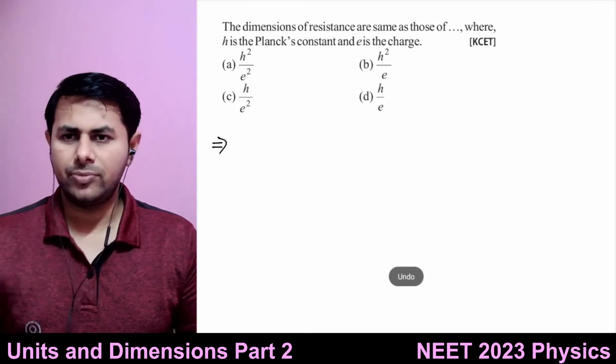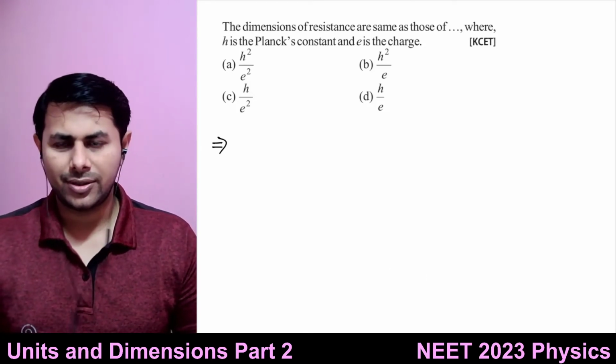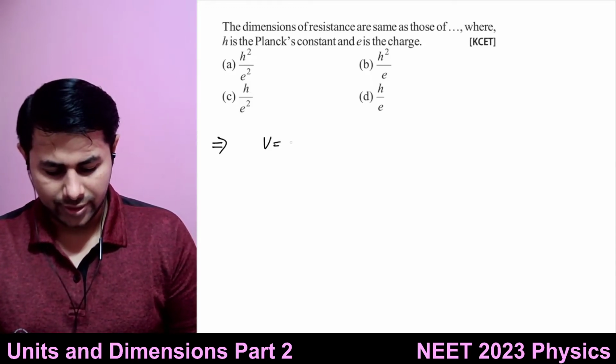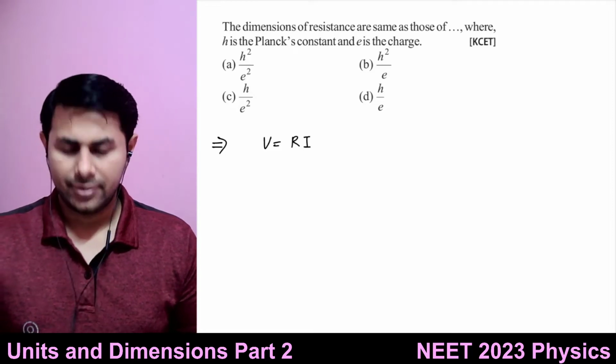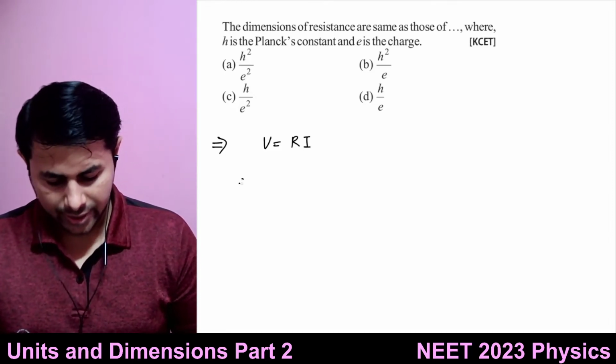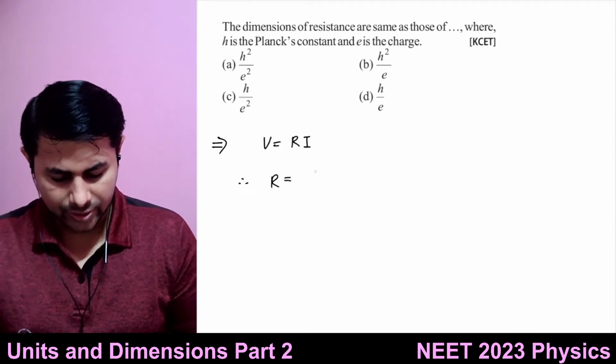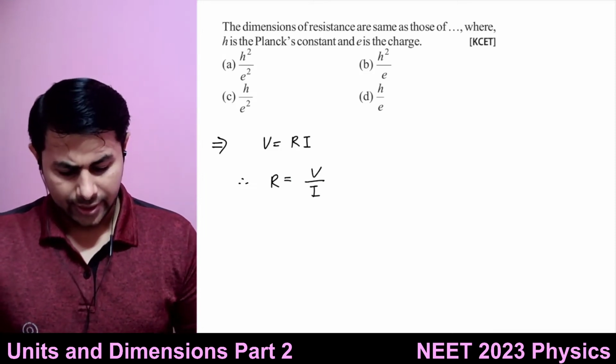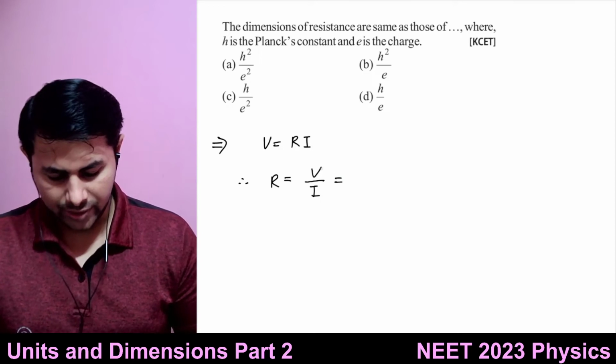So what are the dimensions of resistance? We know Ohm's law, everybody knows Ohm's law. V equals IR, and therefore R equals V upon I.